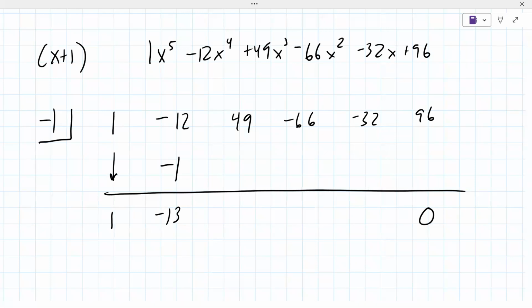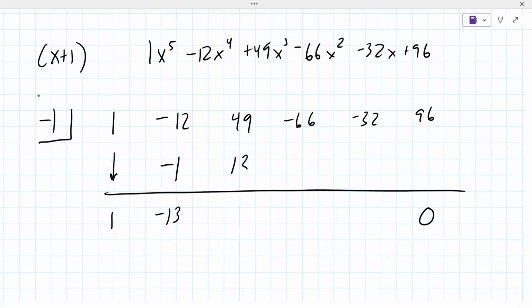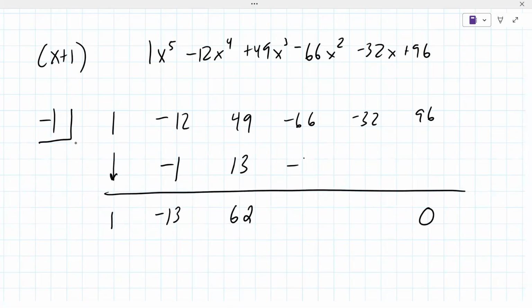Right. And I don't know if your teacher allows you to use a calculator or not. I would certainly have one out for homework and stuff, just to avoid sign errors. Then you take this -13 times the -1 in the box. That's +13. So you add those together and get 62. 62 times the -1 is -62.